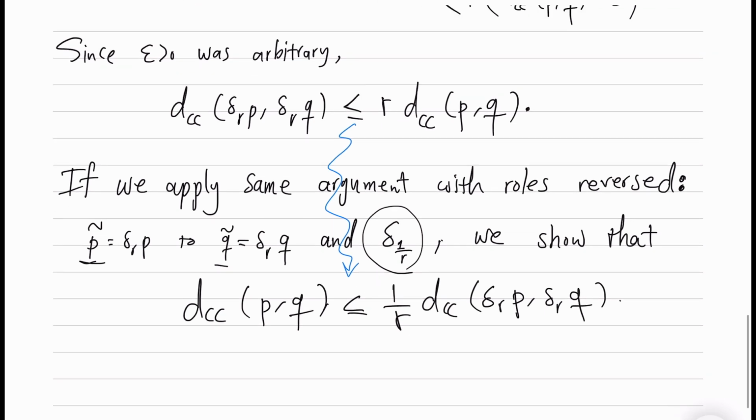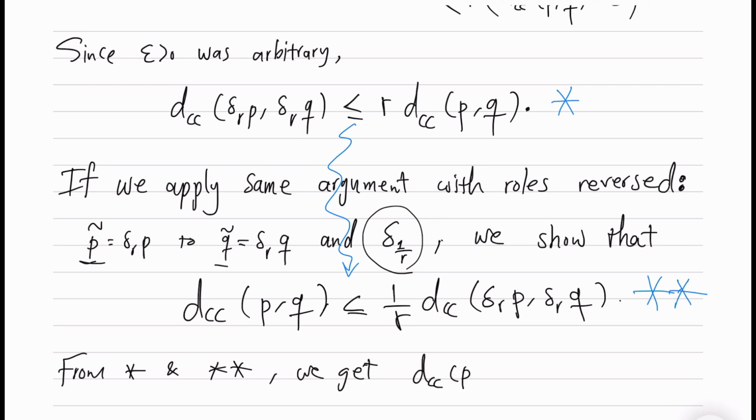But look, if you multiply by r, we end up proving equality. So from this star and double star, we get that d_CC of delta r p and delta r q is exactly equal to r times d_CC of p and q.